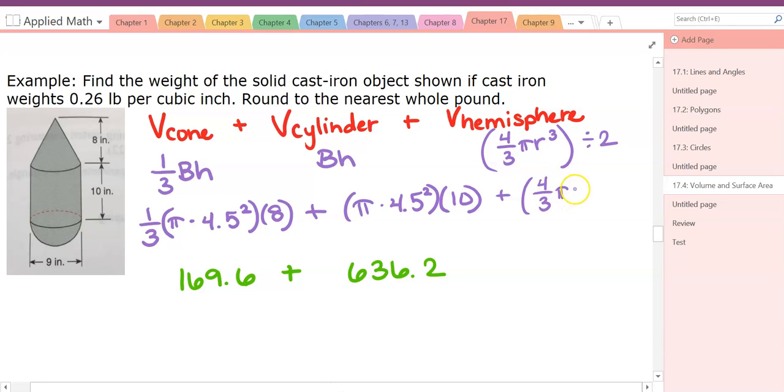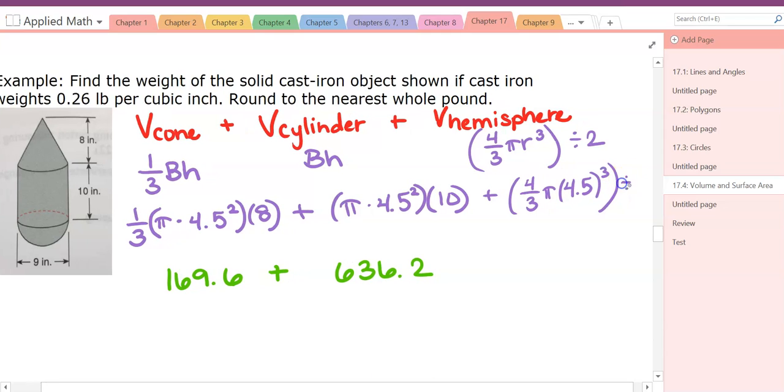So 4/3 pi times 4.5 to the third power, and then we're going to divide that by 2. Don't try to do this all in one step if you think you're going to get mixed up. So I would do 4/3 times pi times 4.5 to the third power, and then cut that in half, so divide by 2. That should give us 190.9 if we round.